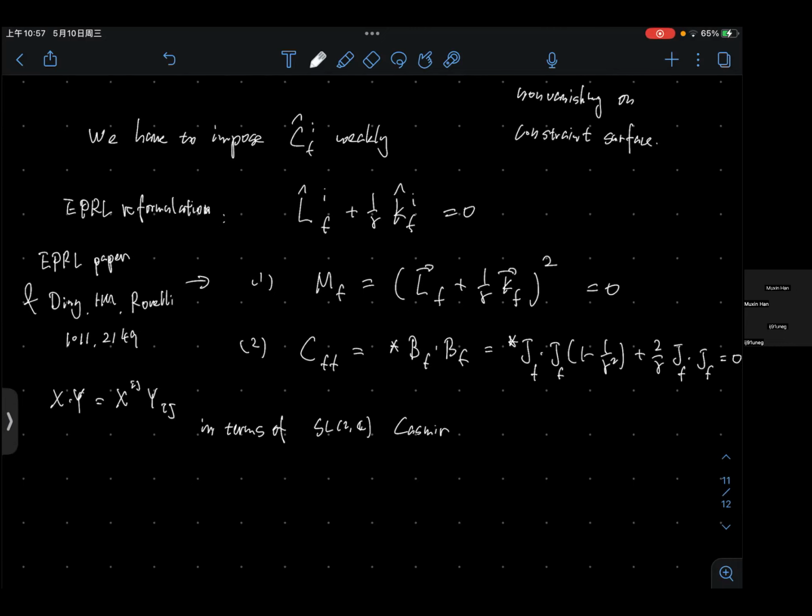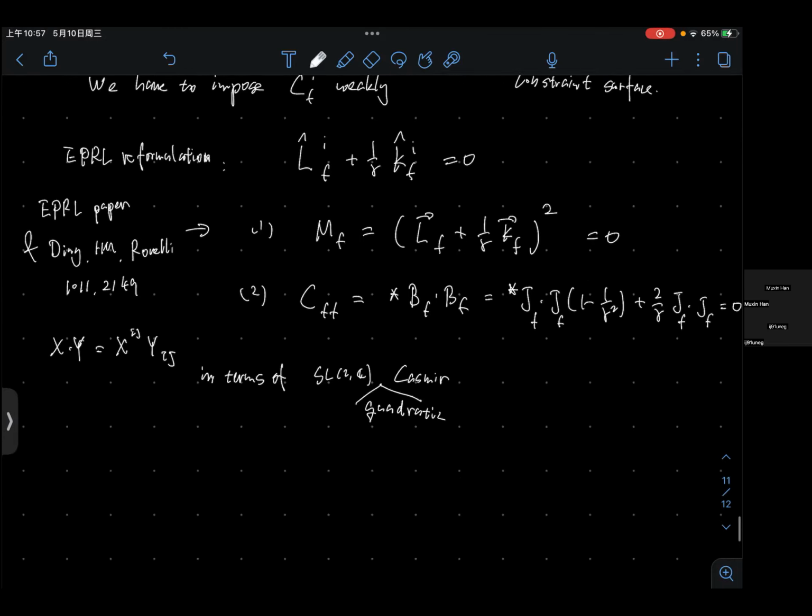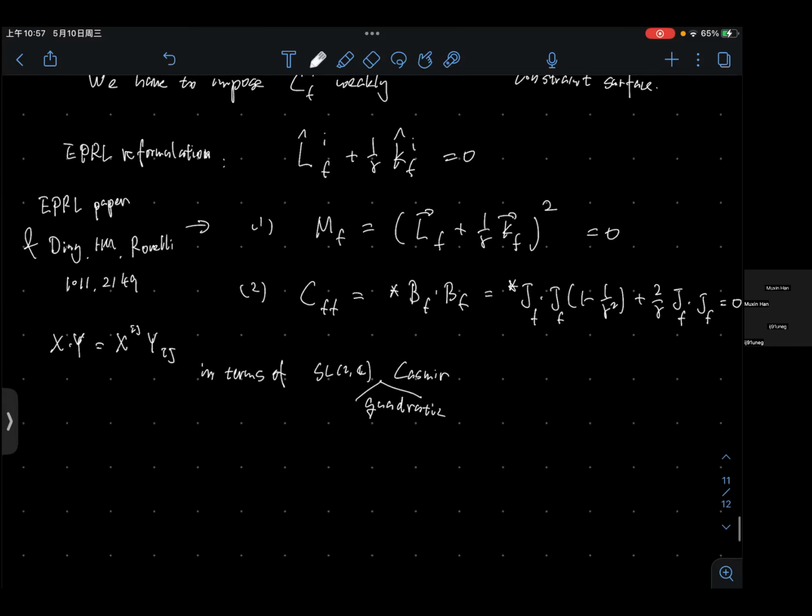So they are quadratic Casimirs. There are two quadratic Casimir operators in the SL2C representation, because this Lie algebra is rank 2.